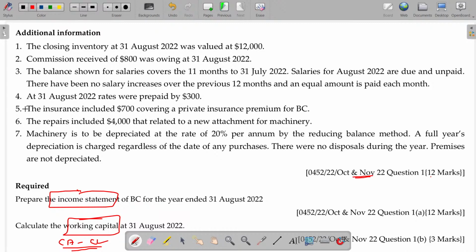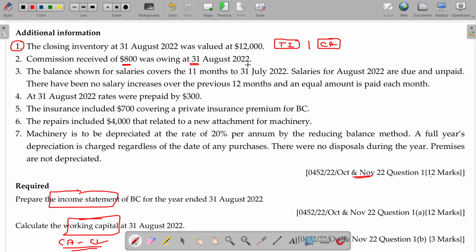Closing inventory will be adjusted later on. It should be in the trading section income, and it will be current assets. You have to record it twice, so once you record it, that can be ticked. Commission received 800 was owing at 31st August 2022.